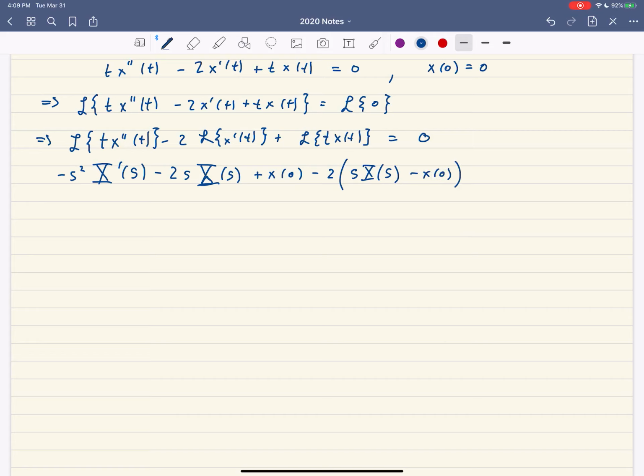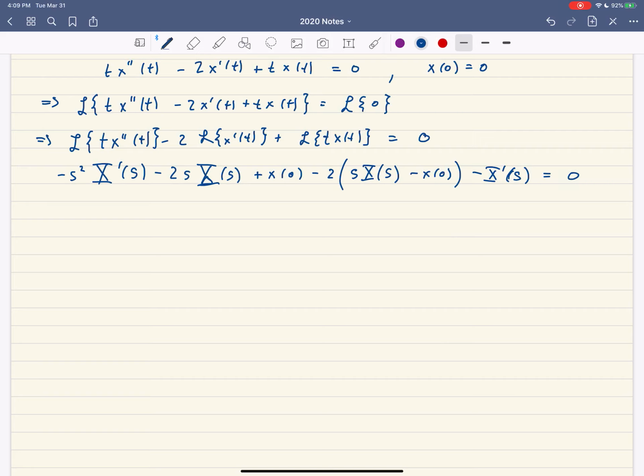And then we're going to add to that the Laplace transform of t times x of t. If we remember, the formula for that was just minus capital X prime of s. And then we want this to be equal to 0.